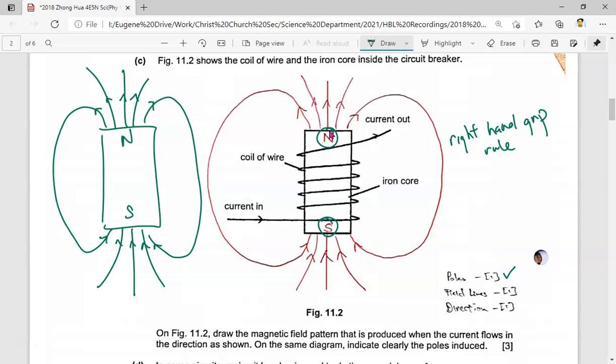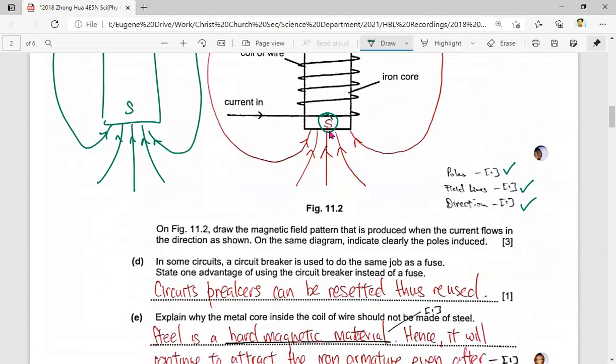Follow the coil of wires, and you realize this is where the thumb is pointing. So the point where the thumb is pointing, that's where the north pole is. And hence the other side is the south pole. So 1 mark for the pole, 1 mark for the pattern in terms of the field lines, and 1 mark in terms of the direction. So 3 marks. This is quite an easy mark if you are able to understand what is required of you.